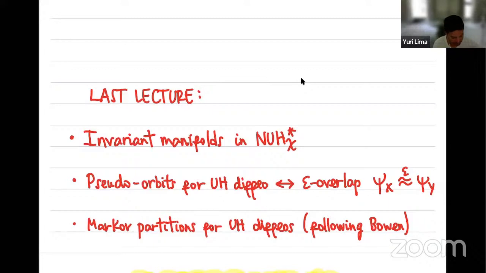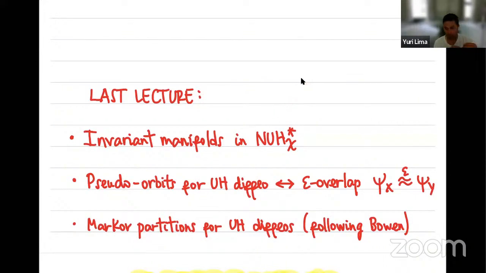Then we understood that if you want to do the same in the non-uniformly hyperbolic context, the crucial idea is to restrict ourselves to points that have some non-uniform hyperbolicity in which the parameter Q does not decrease to zero exponentially fast. This gave rise to the subset NUH star, in which we could apply the graph transform technique and then obtain invariant manifolds for trajectories that are inside this set.